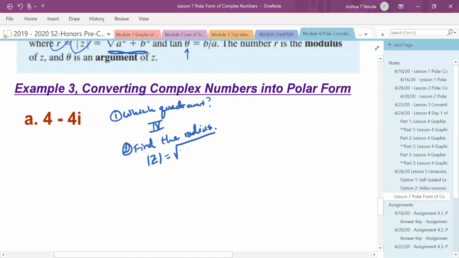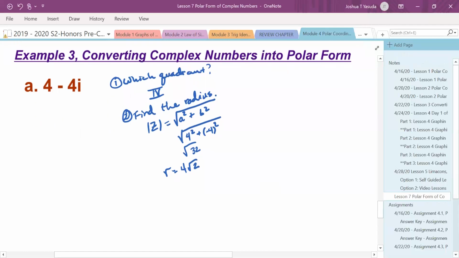But it's the square root of a squared plus b squared. And so a is 4. So we have 4 squared plus negative 4 squared. So 16 plus 16 is 32. And we will simplify that. So what's that? 4 rad 2. So the radius, or the absolute value of z, is 4 rad 2. Okay, so there we have it.